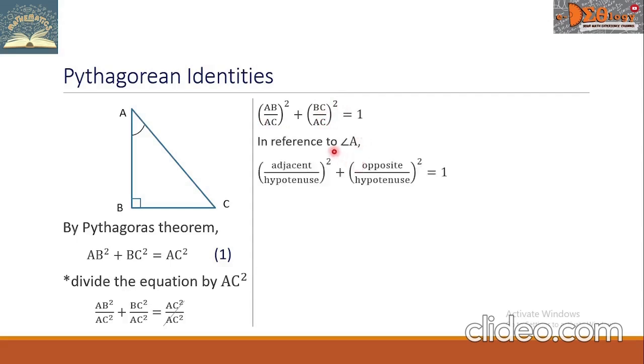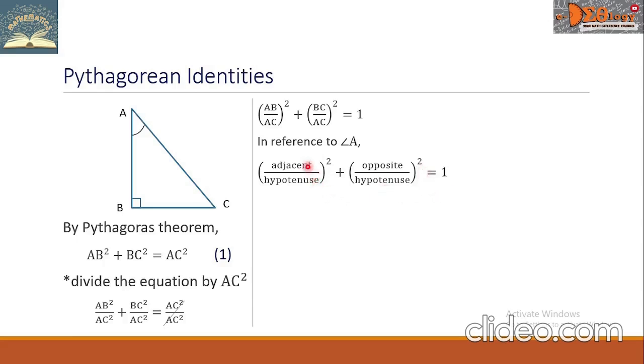Now in reference to angle A, AB over AC is adjacent over hypotenuse, that is squared, plus BC over AC is opposite over hypotenuse, that is squared, then equals 1.